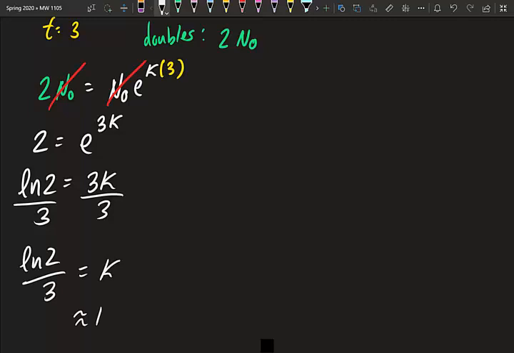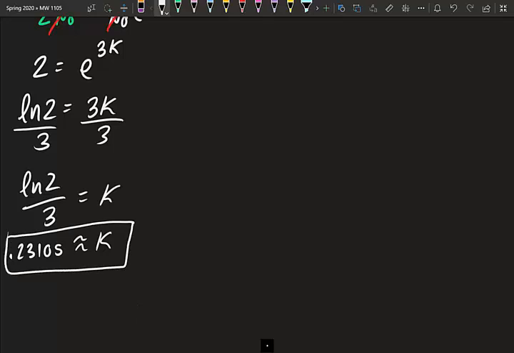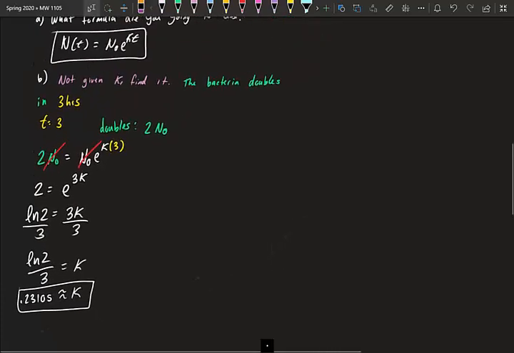That means k is approximately 0.23105. And that's all it was asking for. It was just asking for what is the constant. Alrighty. That was part B.